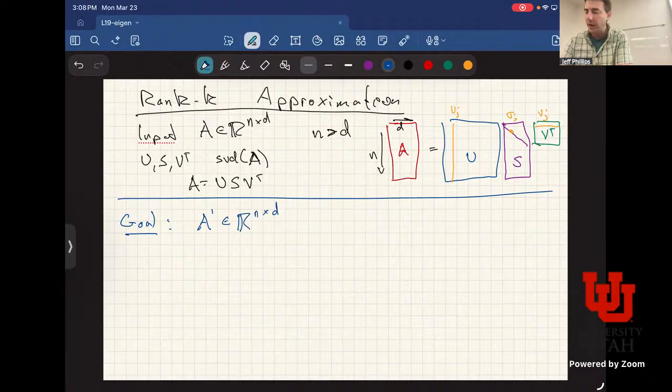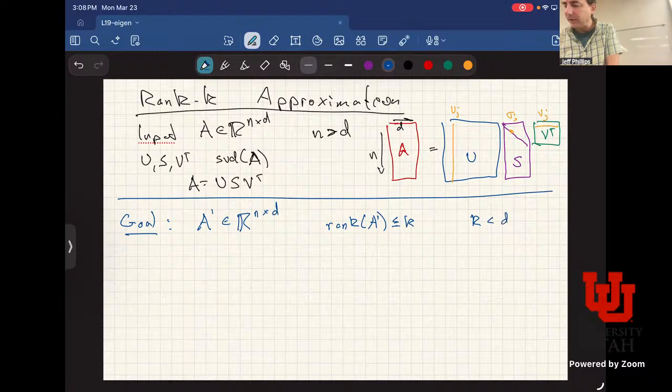Except I'm going to enforce that the rank of A prime is less than or equal to K, but typically exactly K, and K is less than D, which is less than N. So we want a small rank approximation.